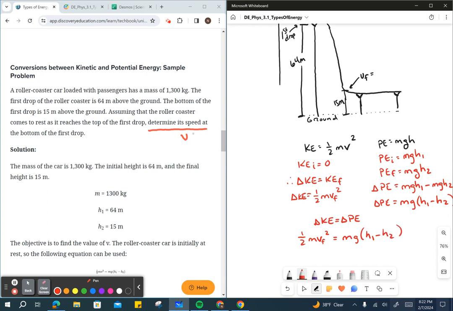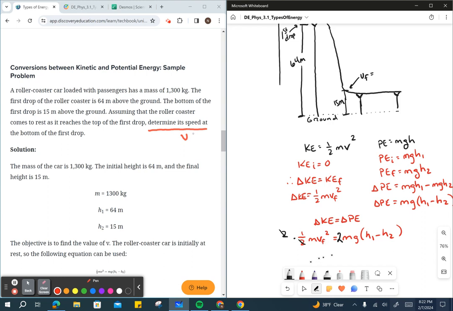All right. Now we want to get v all by itself. So I'm going to do a little bit of simplifying. 2 divided by 2 cancels out. If I multiply it on the left, I got to multiply on the right.